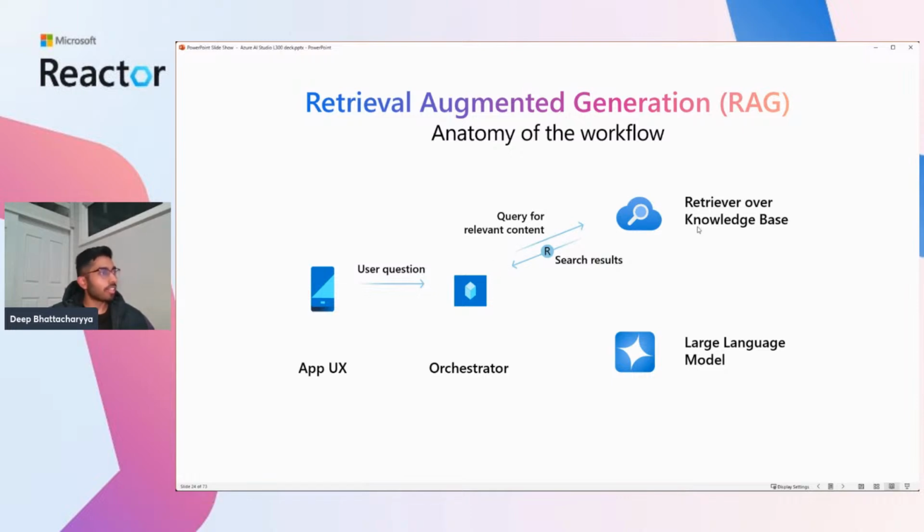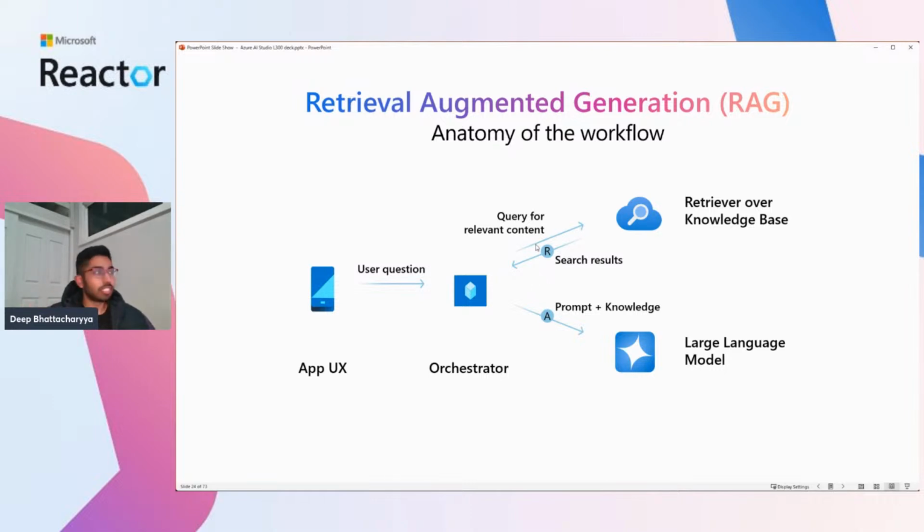That then queries the relevant content for the user's question. So it goes to Azure AI Search to query that, and then the search results are brought back to the orchestrator, and then the orchestrator talks to the large language model using the knowledge that it's learned from Azure AI Search. And those are the documents that I was showing you before.